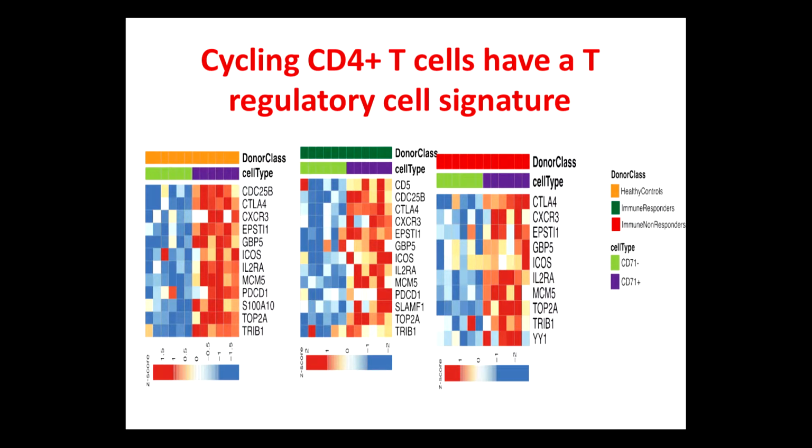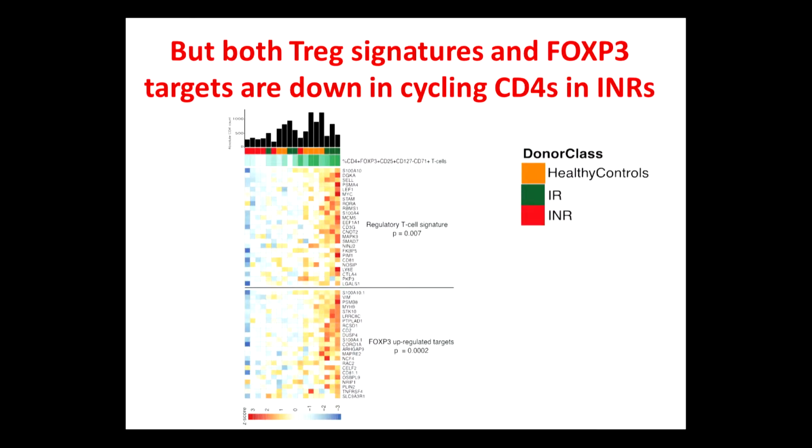Importantly, in each of these populations, healthy controls, immune responders, immune non-responders, the cycling cells, shown in purple, are enriched for expression of a T regulatory cell signature. That's seen in each of the three populations. However, when we compare them, we have the profile of the regulatory T cell signature that you saw before, and FOXP3 upregulated targets that are increased in expression among cells that have a regulatory function.